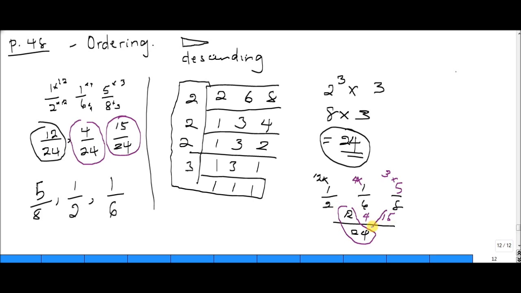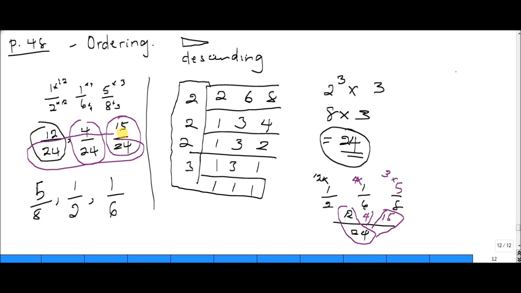And then 15 over 24 and 8 over 24 and 4 over 24. So whichever approach you find easier, if you multiply by 12 here and then multiply by 4 and multiply by 3, you're still going to find the lowest common denominator would be 24.